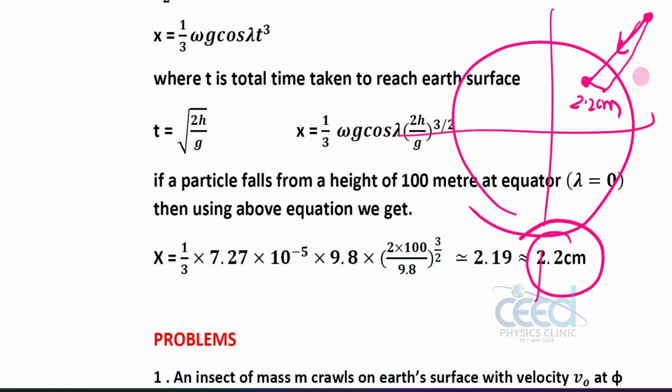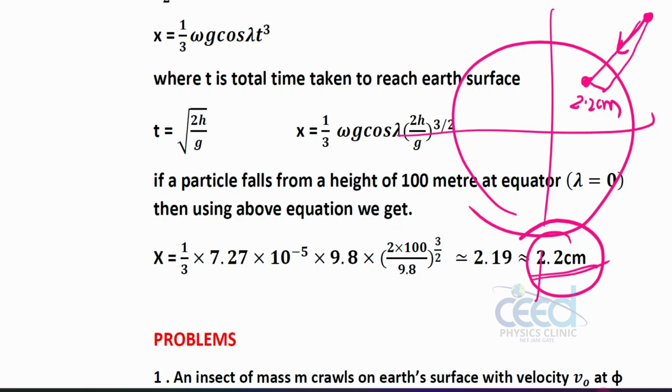See, 2.2 centimeter in real life it is very nothing, right? So it will come to your hand only. Once you throw a ball upward, then 100 meter above it go and come back, it just falls to your hand only, because 2.2 centimeter is very small. So in real life it is not experienced, but for kilometers of falling, there is some change happen, right?